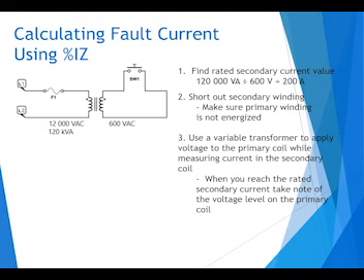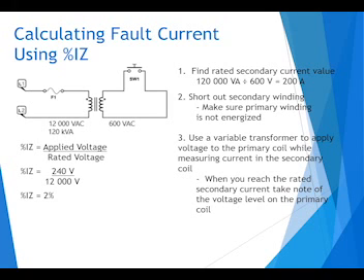The third step is to take a variable transformer and start at 0 volts and slowly apply voltage to the primary side, in this case to my 12,000 volt side. When I read 200 amps on my secondary side, I want to take note of what the voltage level is that I've applied to the primary. This gives me my percentage IZ. So the applied voltage that I have on my variable transformer that gives me the rated current on my secondary side, divided by the rated voltage of my primary side.